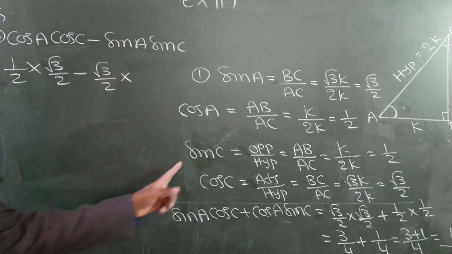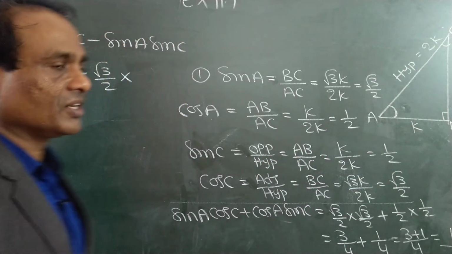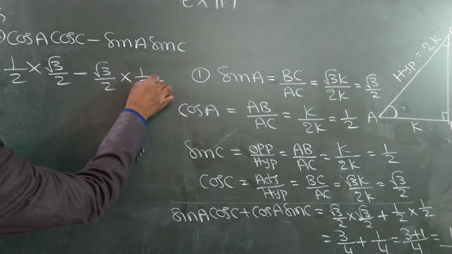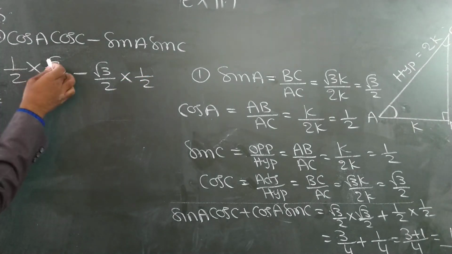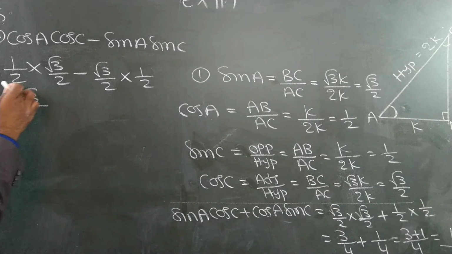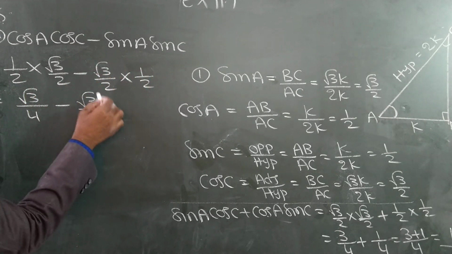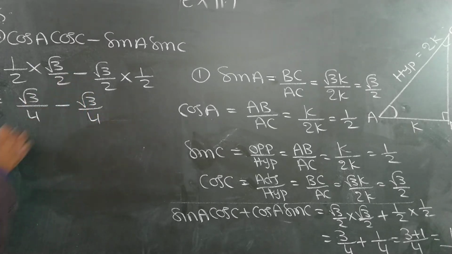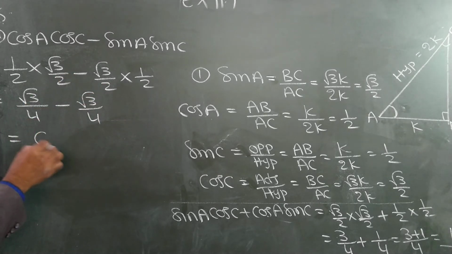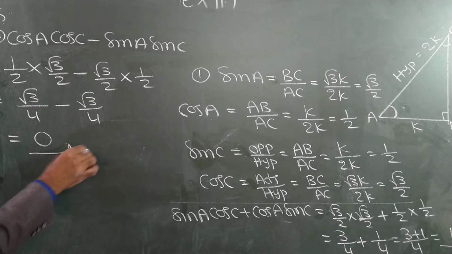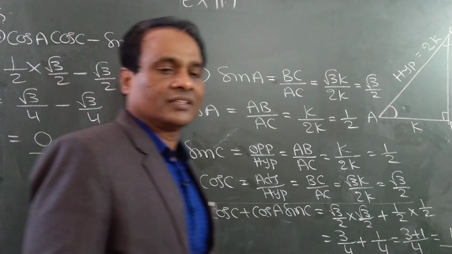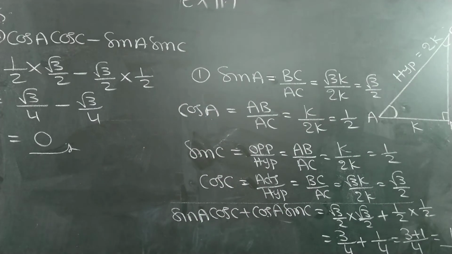Sin C is 1 by 2. 1 into root 3 is root 3, by 2 into 2 is 4, minus root 3 into 1 is root 3, by 2 into 2 is 4. Root 3 by 4 minus root 3 by 4 is 0. Following or not? If you don't follow, tell me.